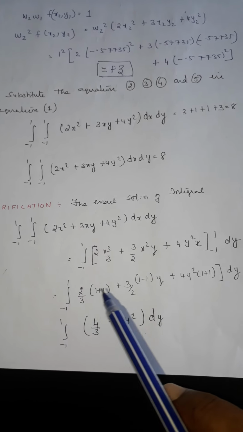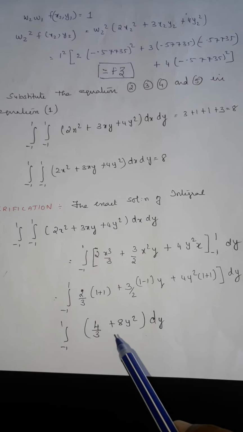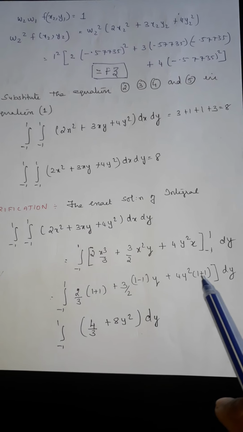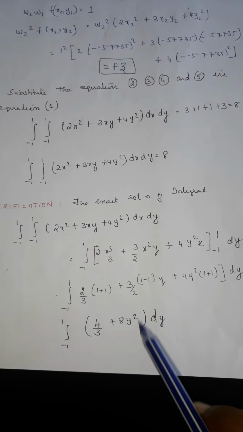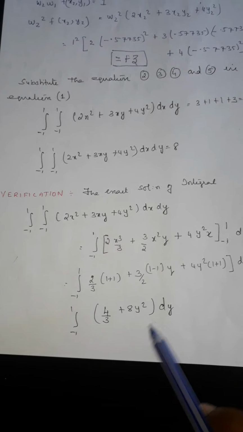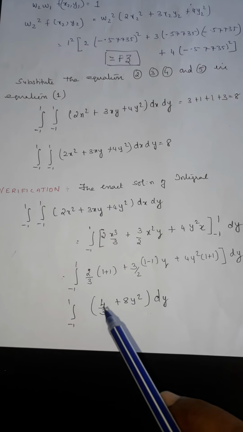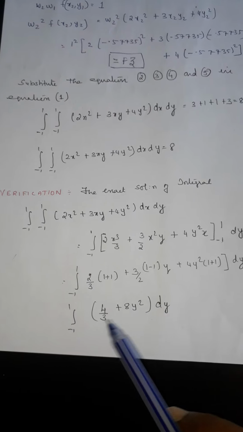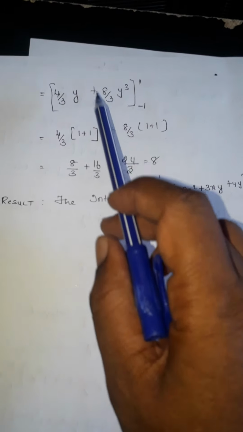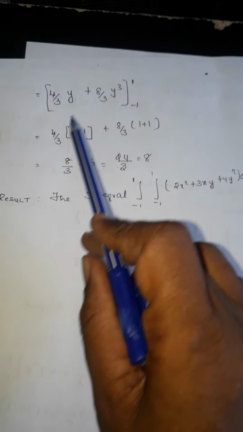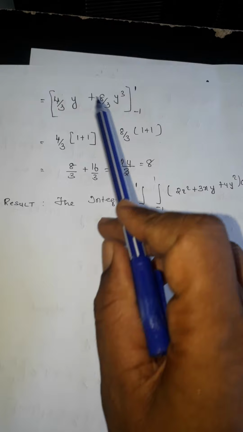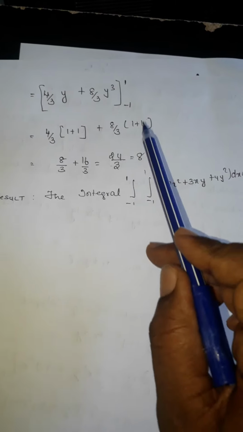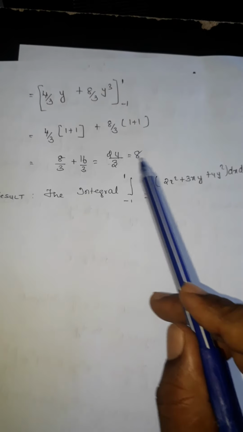You get 4 by 3 plus 2, 2 into 4, 8, 8y squared. Now integrate with dy: 4 by 3 y, 8 by 3 y cube. Substitute the upper and lower limits and you get the same value.